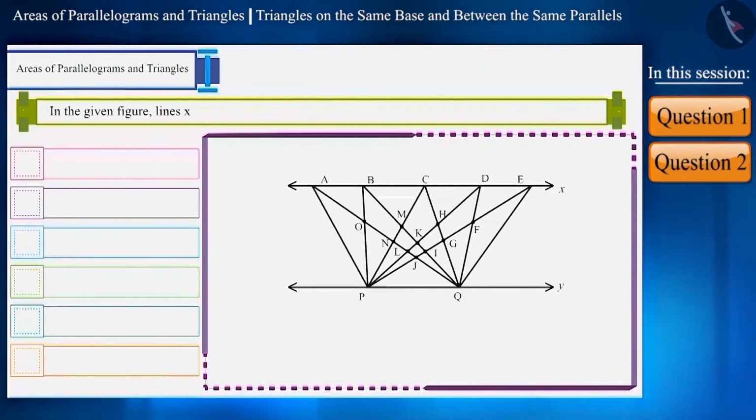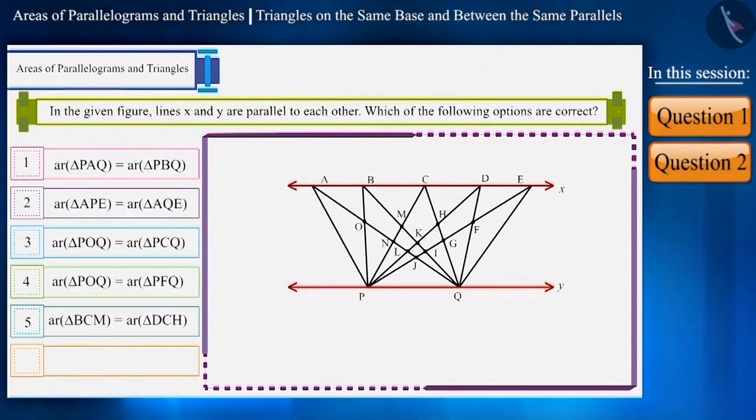In the given figure, lines X and Y are parallel to each other. Now, can you tell which is the correct answer from the options given? Let's discuss the first option.